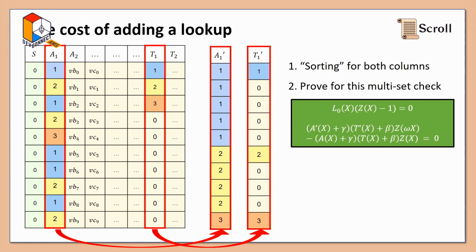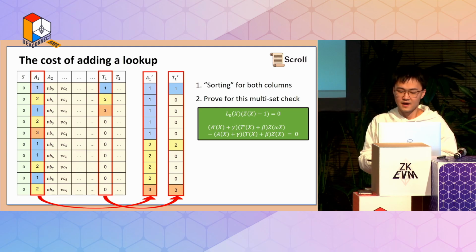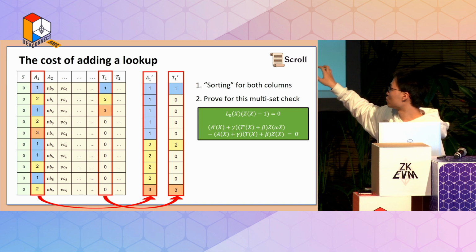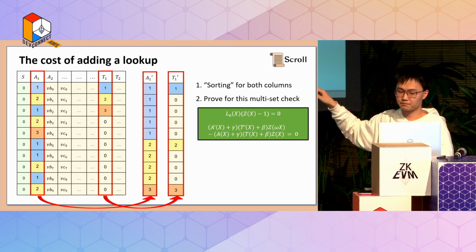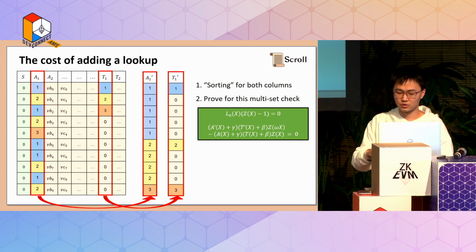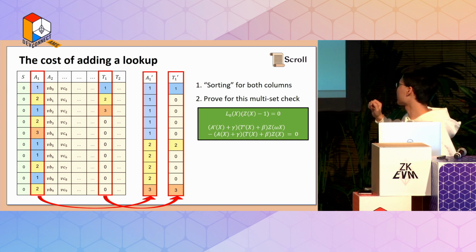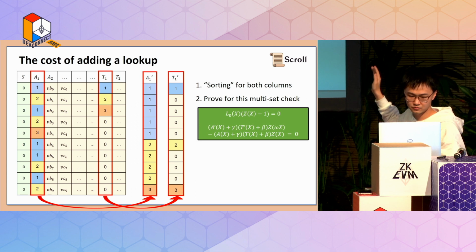For example, your A1, after some sorting, gives you this A1 prime. These are the new columns you generated. For the table, you also use some sorting algorithm to generate new columns. And you need to prove that those two generated columns are actually permuted from your input and table. So you have two checks. One is a Lagrange check for boundaries, where you start with 1.